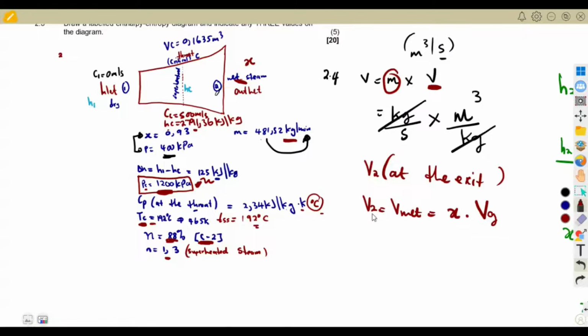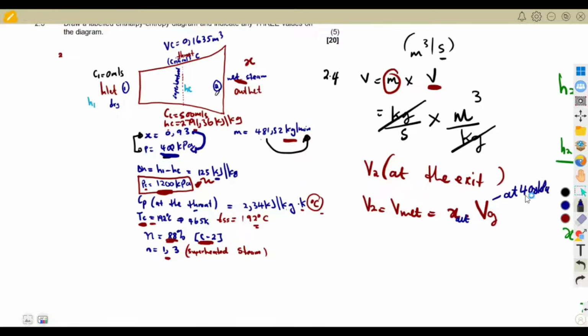So here we are talking about V2, which is the actual volume. So this X is supposed to be the actual dryness fraction at the exit. Where the dryness fraction is involved here, we said it's at a pressure of 400 kilopascal. So this Vg is the volume at 400 kilopascal.